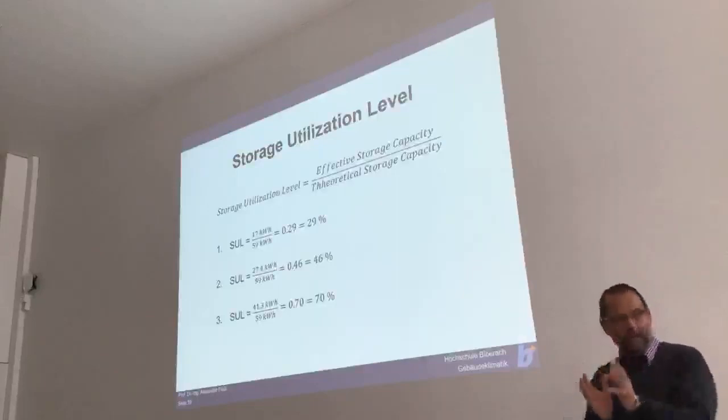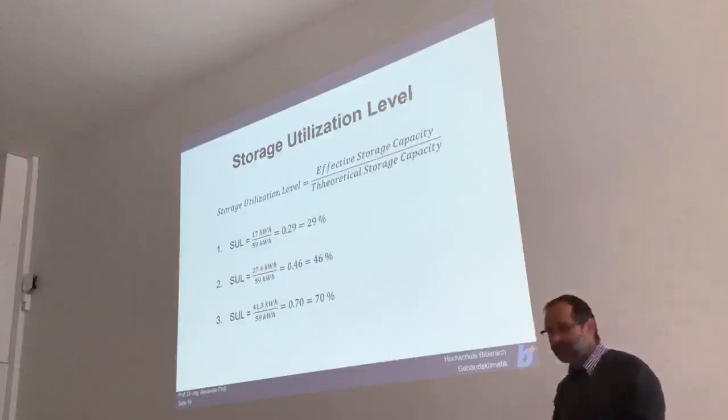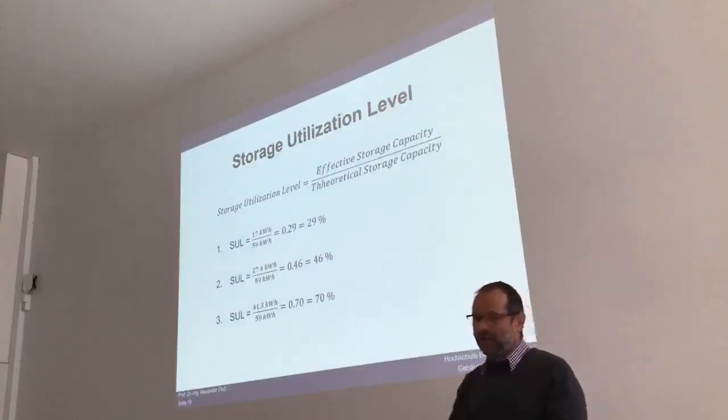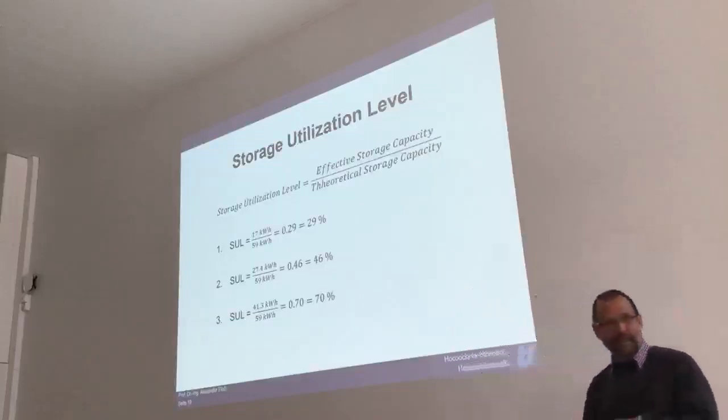Introducing that four-way valve, we raised the storage utility level to 46%, and by changing the positioning of the sensors for switching on and off, we could raise the storage utility level to more than 70%.